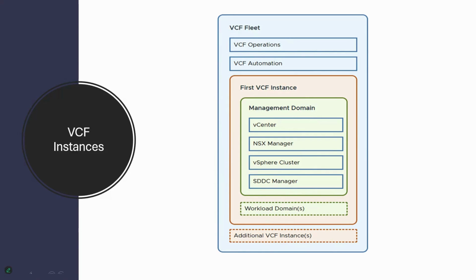Till now, we clearly understood VCF operations and VCF automation from an architecture perspective, which sit at the fleet level. Now, let us go one level down and focus on the VCF instance.